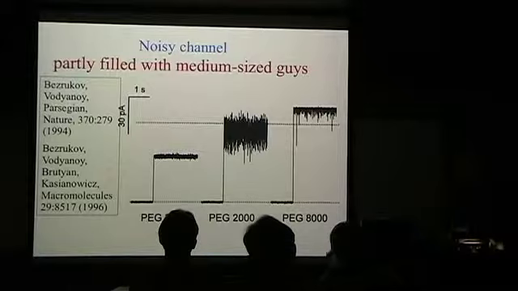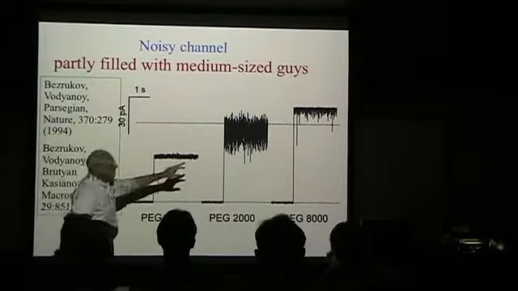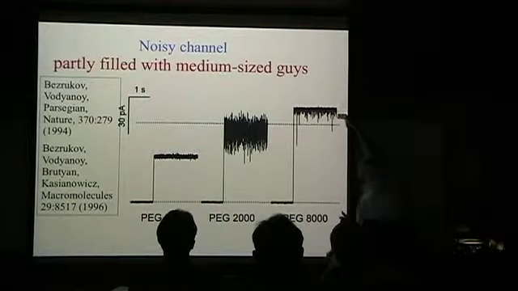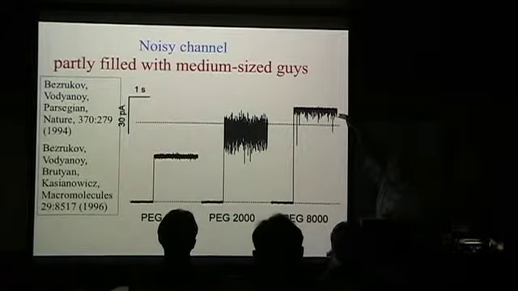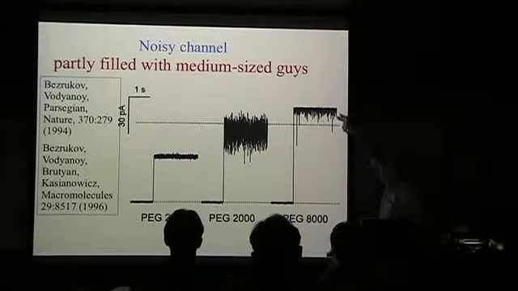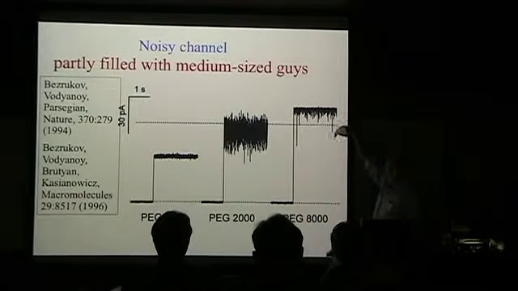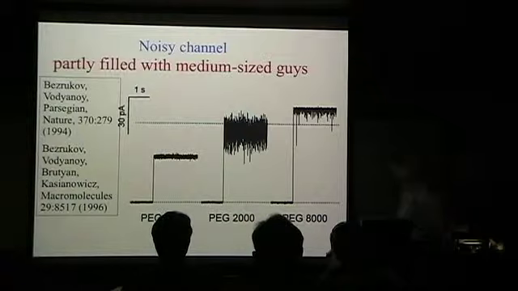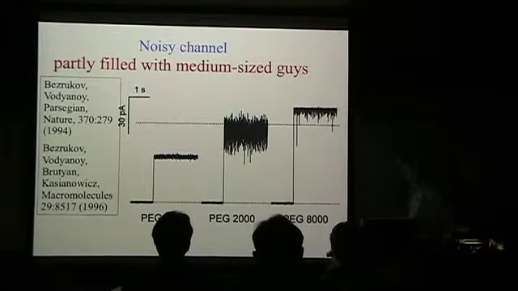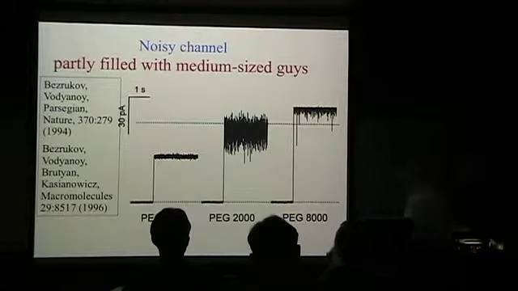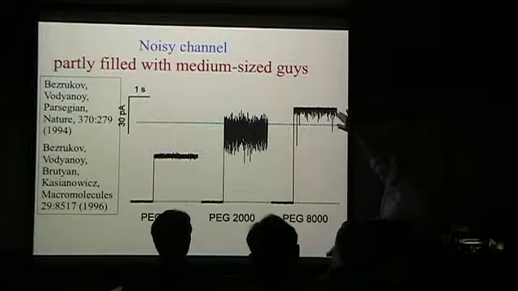And when you go to very big polymers, there's actually an increase in the conductance of the channel, but you don't see the noise. You see very little noise, but you'll see the odd spikes. What's going on here is a secondary effect, as I said, but I'll just say it to you so you feel better.